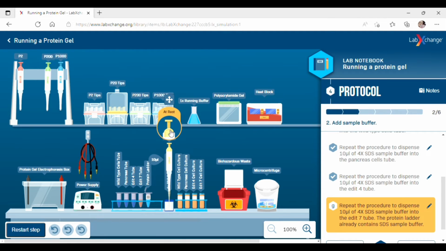Four times SDS sample buffer solution is used to prepare the protein sample for gel electrophoresis.